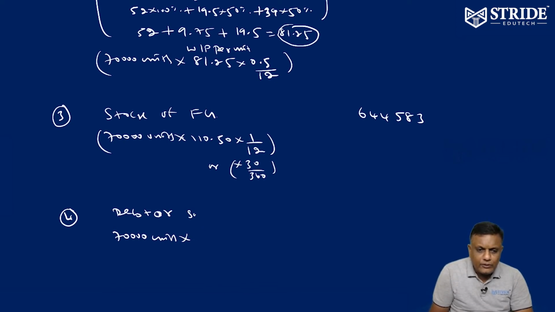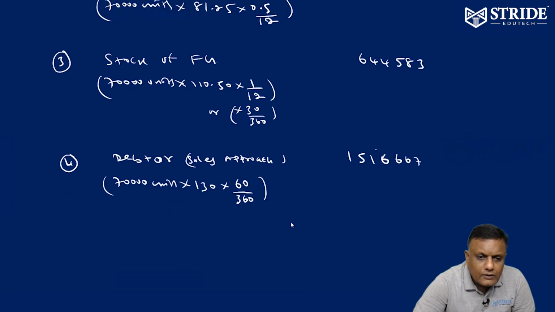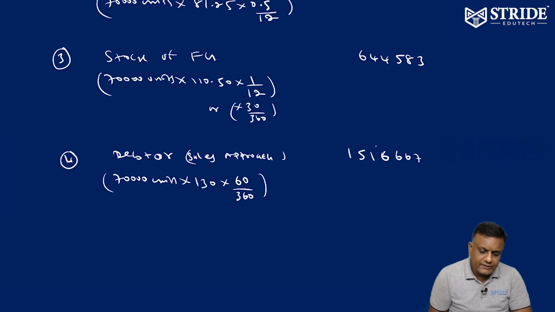Another one is the sales approach, where the sales figure you put here. So with the sales approach, 130 into credit allowed to debtors of 2 months, that is equivalent to 60 by 360 days, or 2 by 12. So the answer for debtors by sales approach is 15,16,667, right?